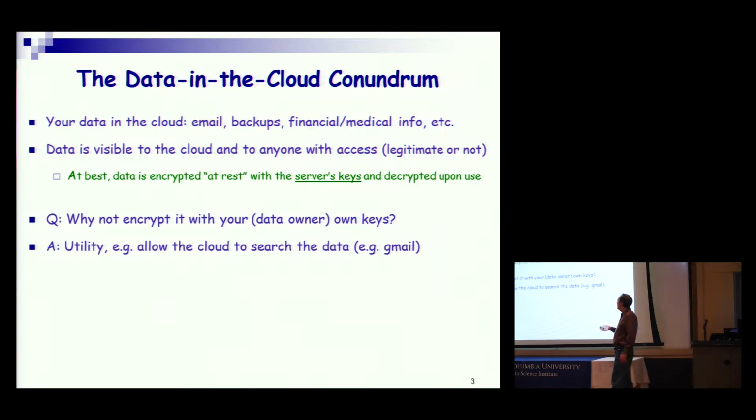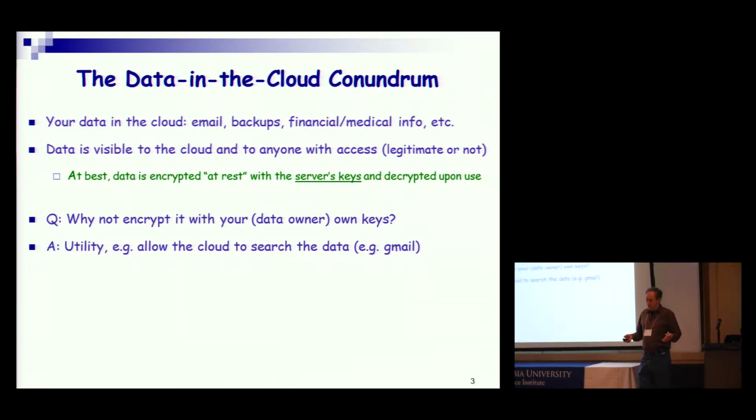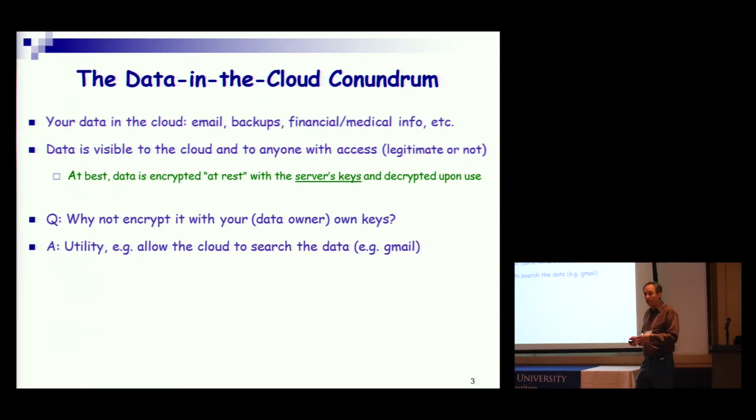So what you want to do is to encrypt the data with your own keys, put it in encrypted form in the cloud, and later be able to do something useful with the data without having to decrypt. Then we have, as Vinod told us, ways of doing this in very general ways, but since these general ways are not practical enough for real-world applications, we're looking for specific functionalities that we would like to apply to the data, and one very basic functionality is search.